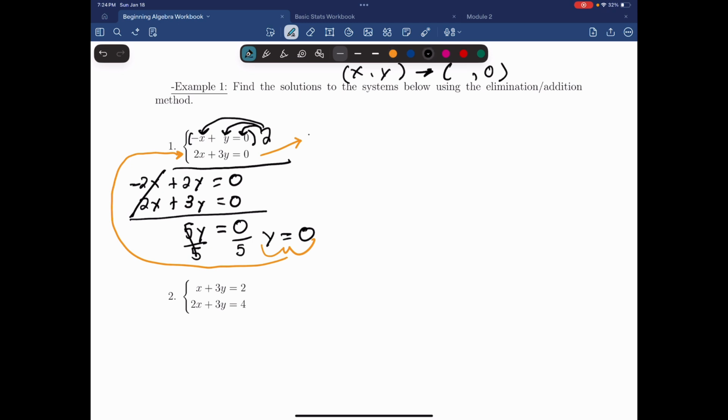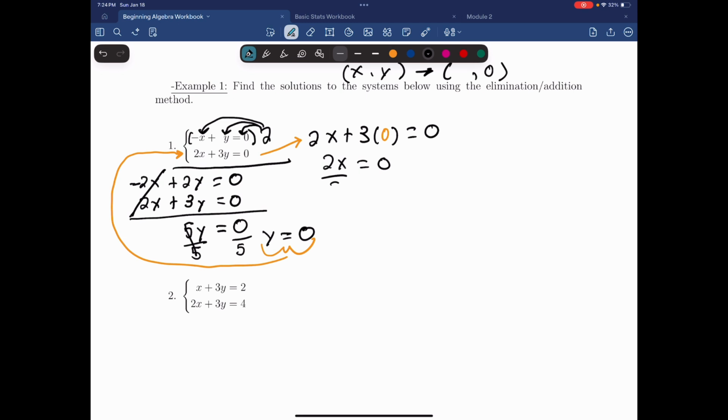So we're going to get 2x plus 3 times y, and y is 0. So we're going to get 3 times 0 equals 0. So we're just going to carry along that 2x, and 3 times 0 is just 0. So I'm going to take away that addition sign. And then we're going to carry down equals 0.